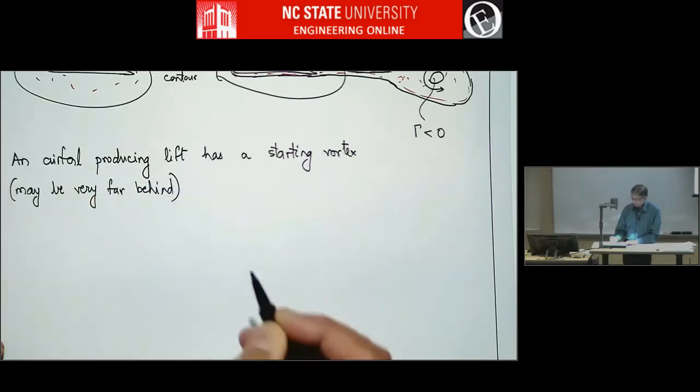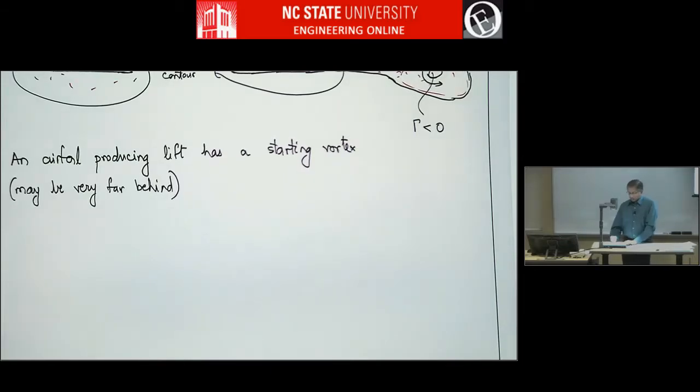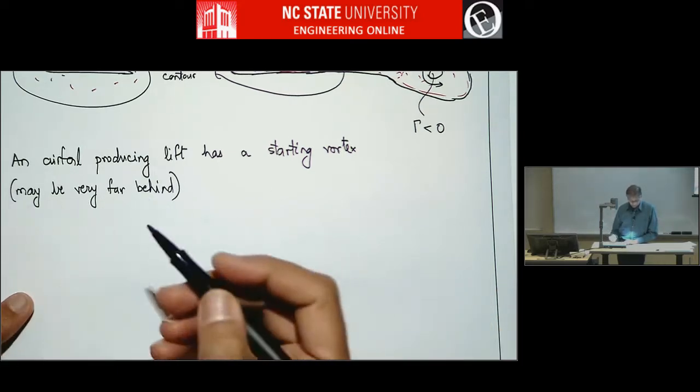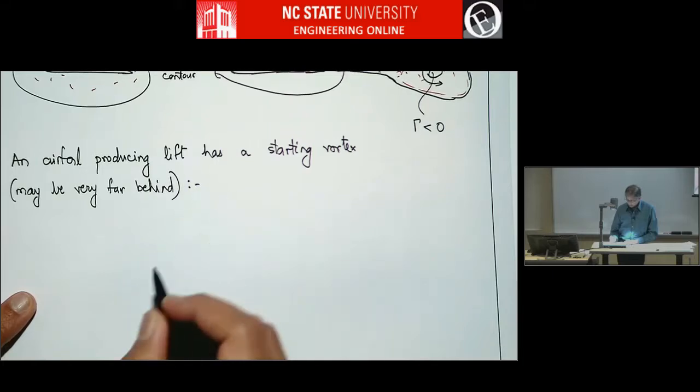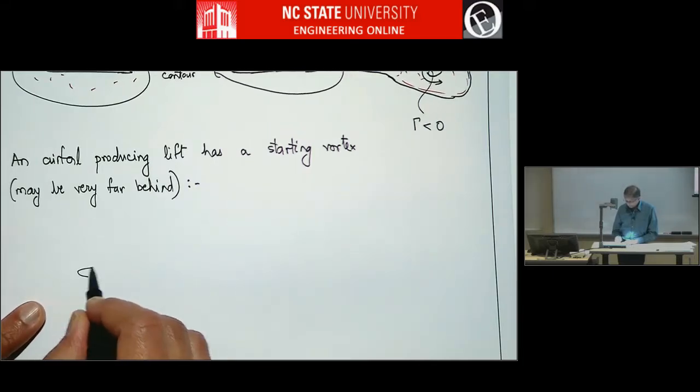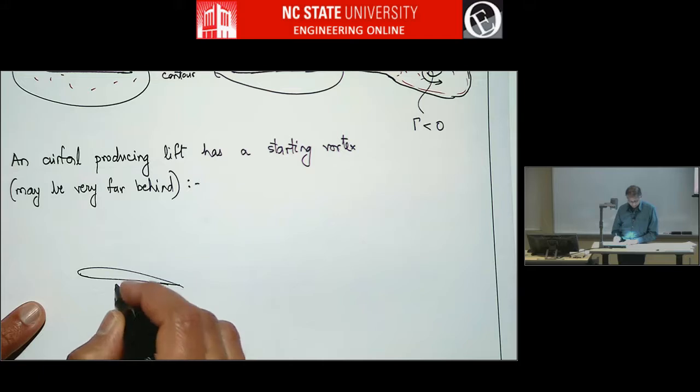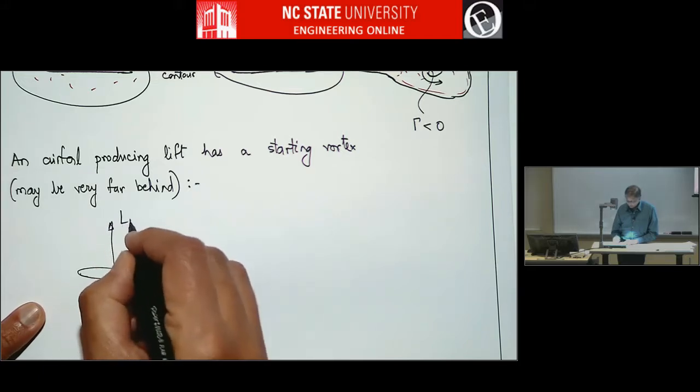if you have an airfoil producing lift, that would have created a starting vortex at some point whenever the lift started getting created, and that starting vortex gets blown behind, and this may be very far behind, and it looks something like this. So here you have this airfoil, and this is creating lift.